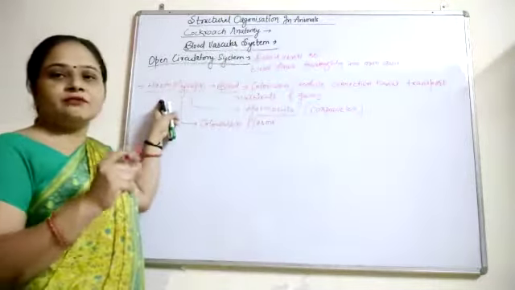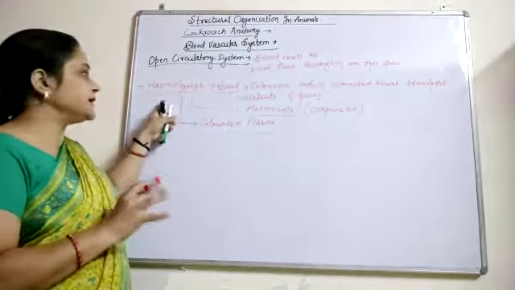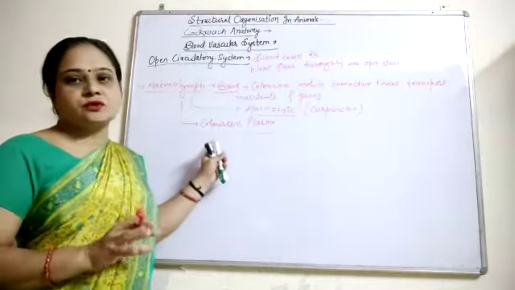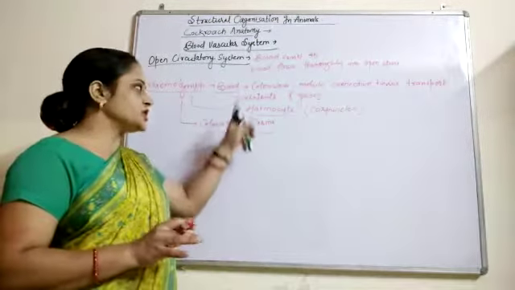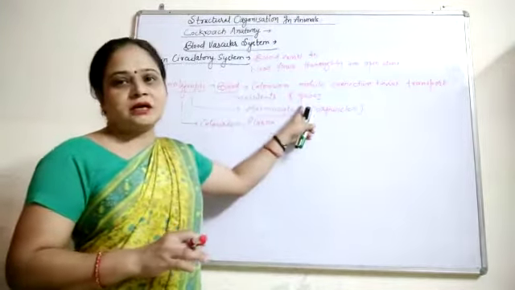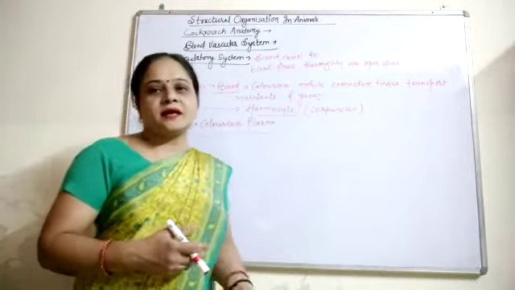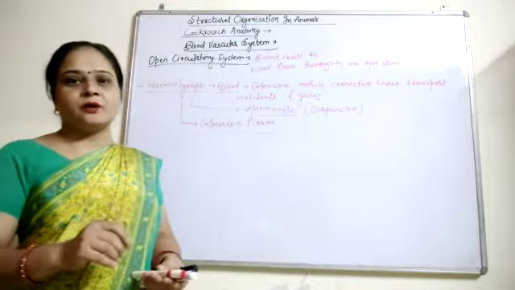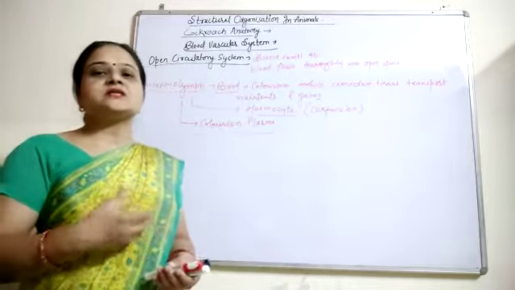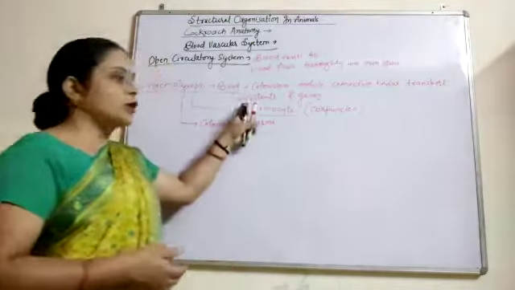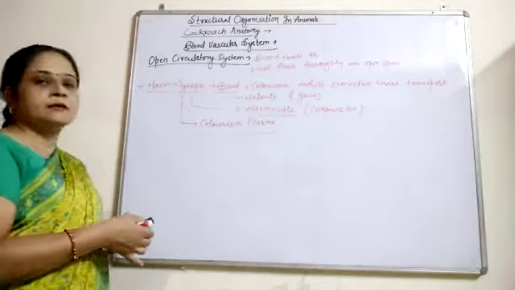It behaves like blood and performs all the functions of blood in the cockroach body: it transports nutrients, gases, and, as we studied in the last video, it helps in excreting waste products from the body. So this is all about the hemolymph.